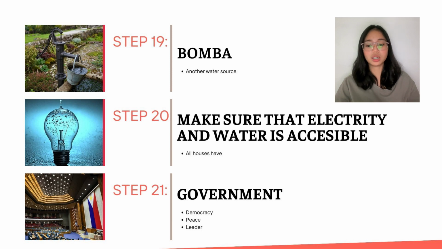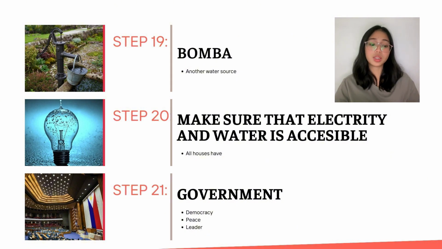Let's install a water well in every barangay in a community, so it would be another water source for the people. And step 20, make sure that electricity and water are accessible. Of course, let's make sure that the water and electricity are accessible to every house, every part of our community.